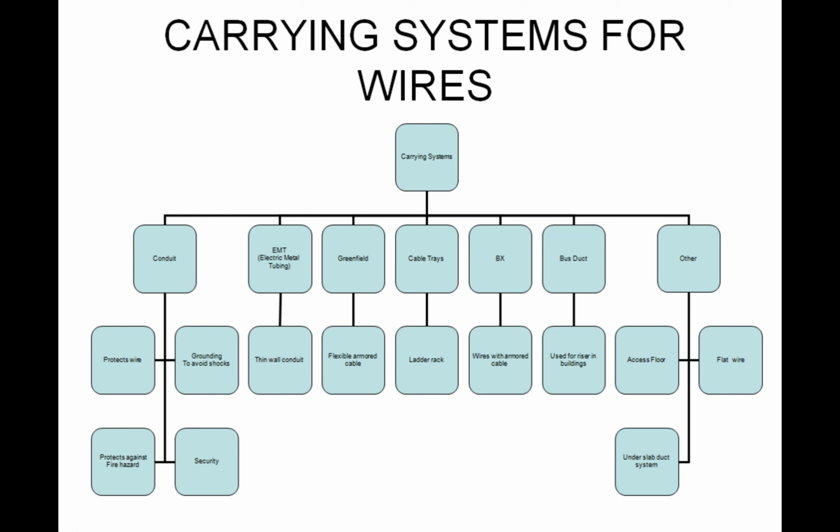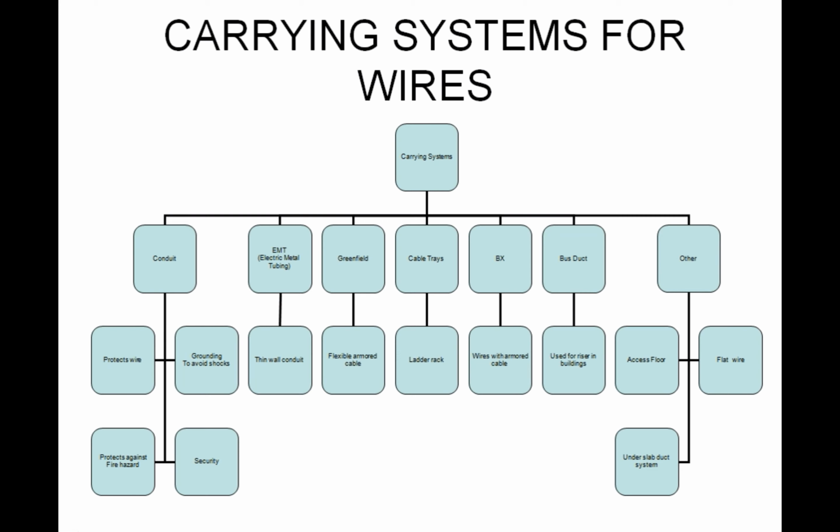And when you need protection from potential strikes, like a shovel striking it or digging, when you have it in a shallow portion of the earth buried underground, you usually use conduit so that you have that extra level of protection, so someone can't just strike it with a backhoe or a shovel and electrocute themselves. So within that conduit, again, you have the wiring, and it's probably the most protective thing you can have around your cables.